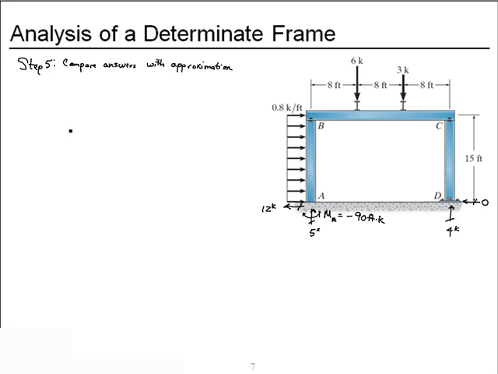So what does that tell me? Our order of magnitude checks out. That gives me some confidence in these numbers.